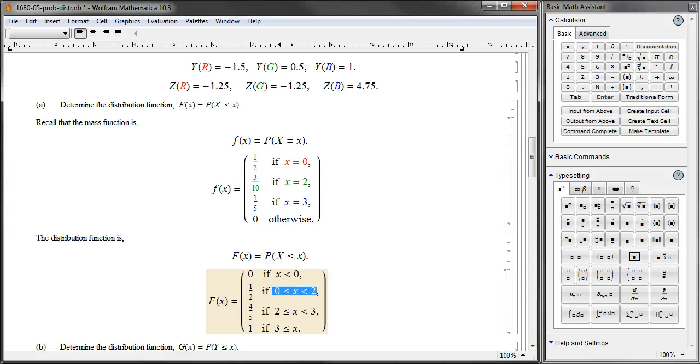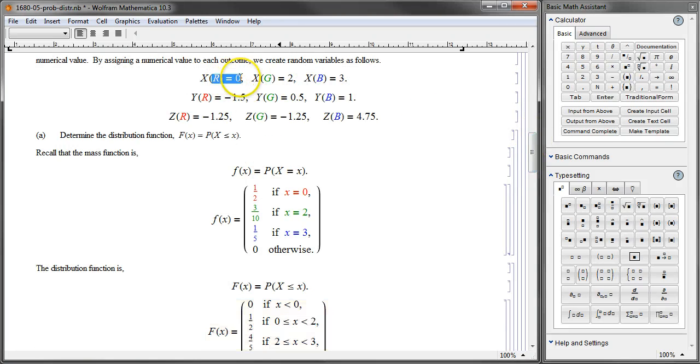Now, between 0 and 2, including 0, this one kicks in. 0 is possible. So the probability of this random variable capital X taking a value less than or equal to x, where x is between 0 and 2, so less than or equal to something like 0, 0.5, 1.69, 1.99, those kinds of things, all includes just the red ball.